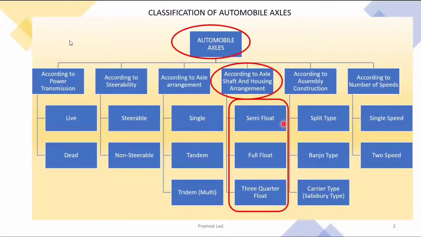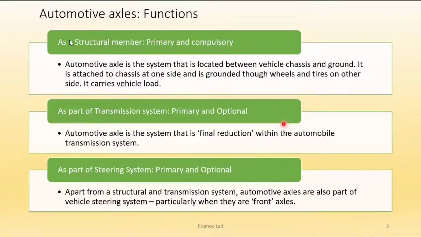And in that, we can find these three particular types, which are semi-float, full float, and three-quarter float axles. Before we proceed to the construction and other details of these three axles, I would like to take you through the functions of automobile axles.